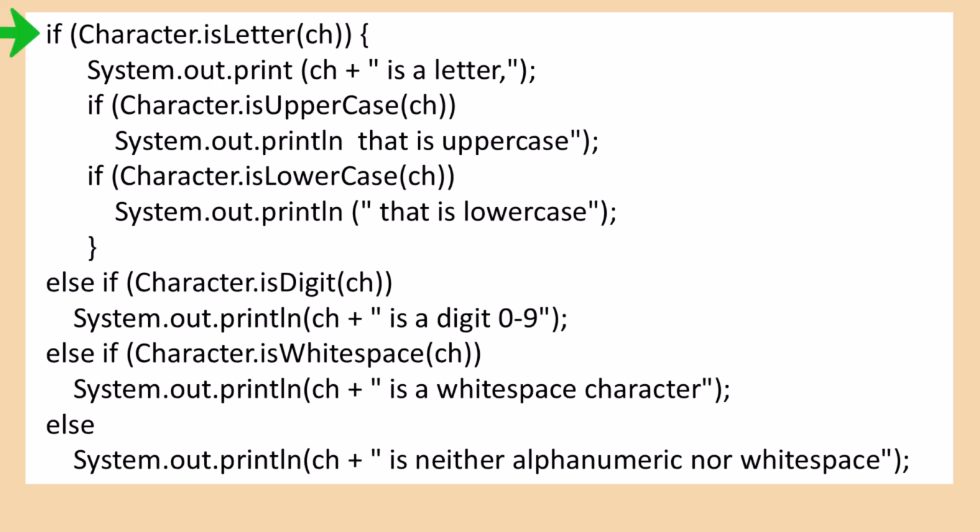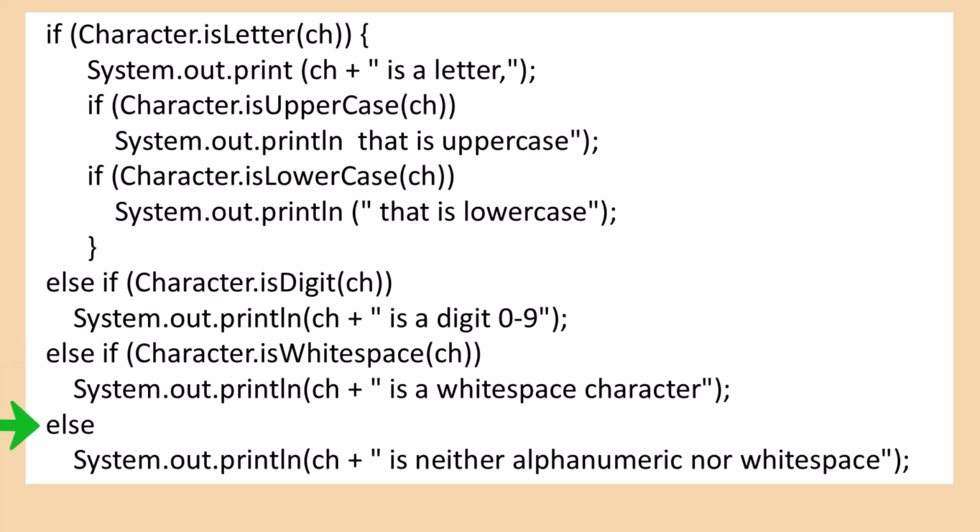If ch is a letter, A through Z or small a through z, the program displays a message that it is a letter. Then, the next if statement identifies if it is uppercase or lowercase. The following else if statement checks to see if it is a digit 0 through 9. The next else if statement checks for whitespace.